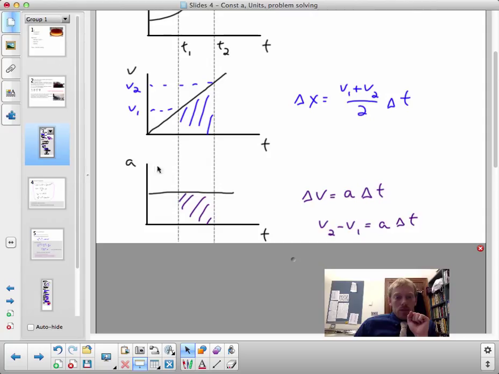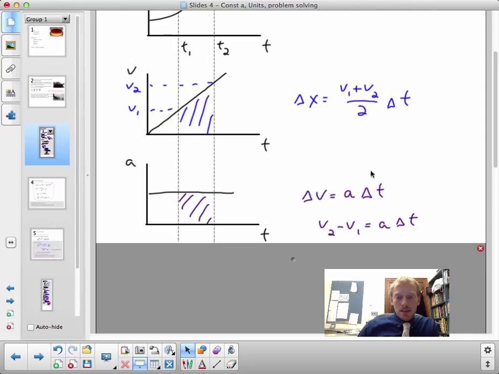Here, let's see what I'm doing. I'm drawing the acceleration time graph. And we had said from our lab that the change in the object's velocity during a time interval is equal to the integral of acceleration. It's like this shaded box, this rectangle here. And the change in velocity is equal to the amount of acceleration that it's experiencing times the delta t, the time interval that we're considering.